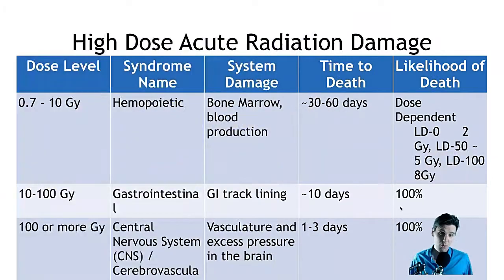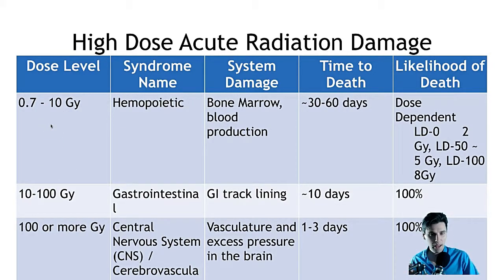So here's a takeaway where we compare all 3 different syndromes. With the bone marrow syndrome, if you have a high enough dose, the bone marrow problems will end up being lethal. But the gastrointestinal and the central nervous system, or cerebrovascular, syndromes will be lethal even earlier.